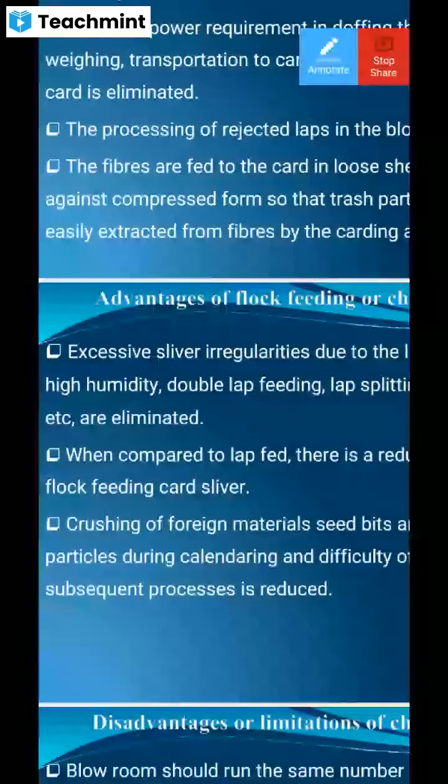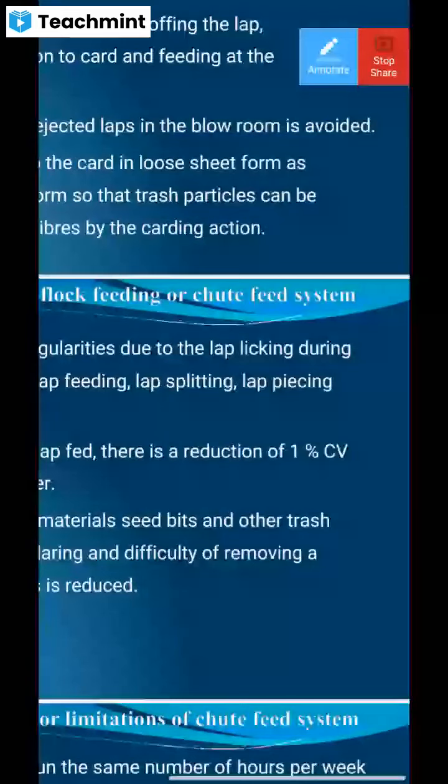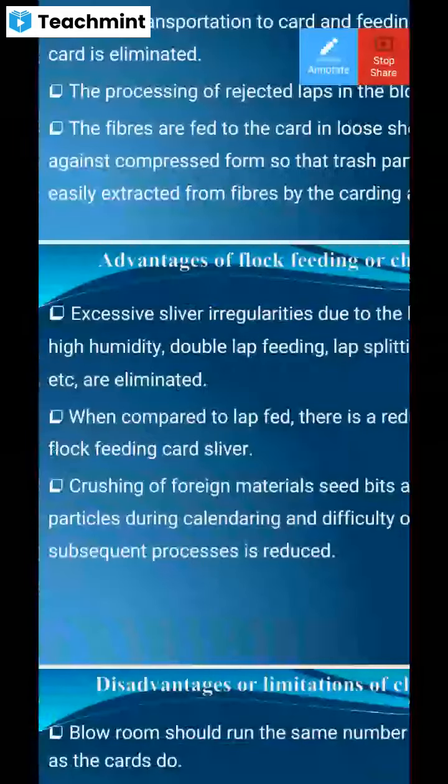Some technical data come here. What is meant by lap licking? Lap licking means a lap folding. During the time of processing, laps may be folded. It creates some irregularities. That is lap licking due to high humidity.